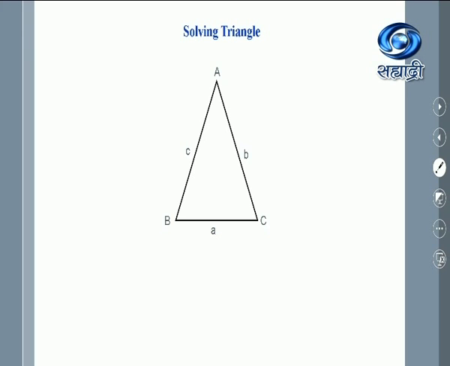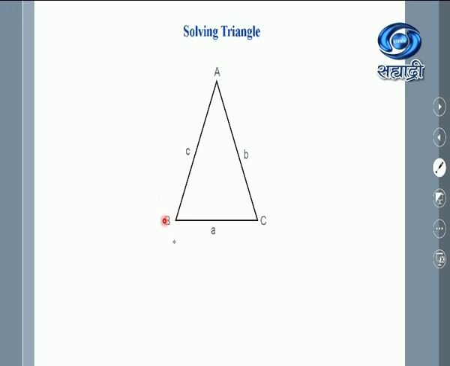Before solving the triangle, a few notations we have to remember. Given the triangle ABC, these vertices capital A, capital B, capital C can be considered as angle A, angle B and angle C. Means to denote the angle, the vertex is chosen. All capital letters for the angles. The side opposite to the vertex or angle A is denoted by small letter a.